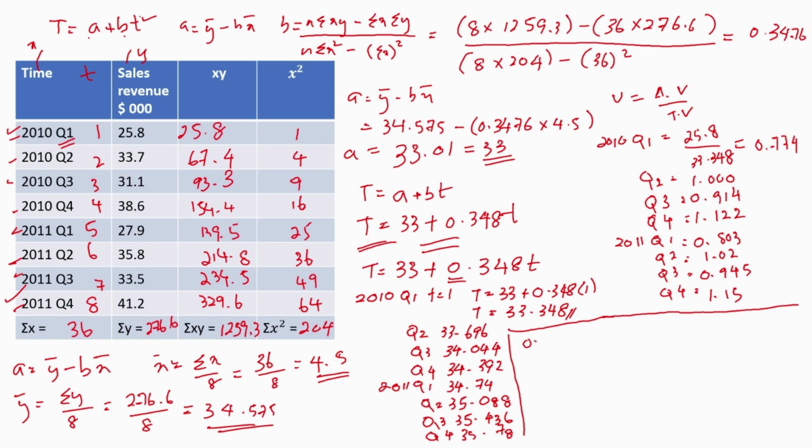So 0.774 plus 0.803 divided by 2. We divide this by 2 because we have only two values. If we have 3 Q1 values, we have to divide it by 3 because we are taking the average. This is the Q1 of 2010 plus Q1 of 2011. Then we divide by 2. So this is the average variance for comparable seasons of Q1.